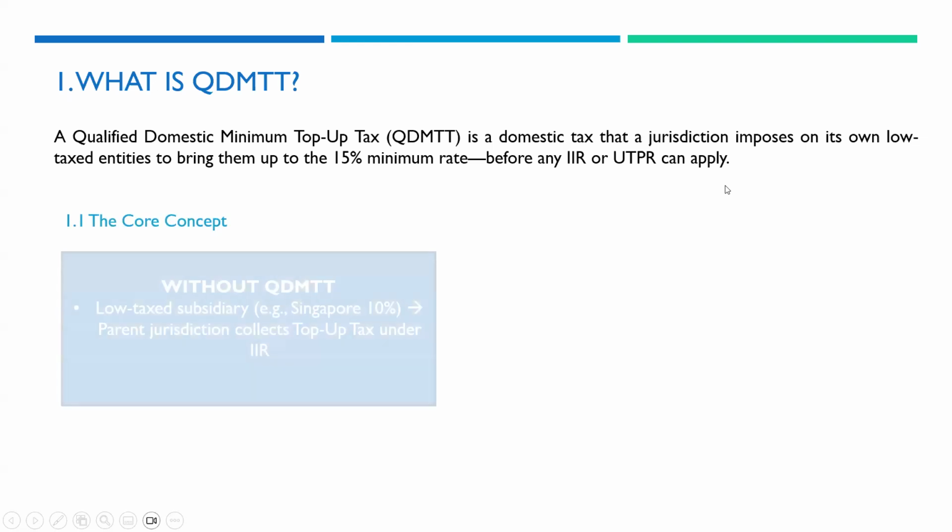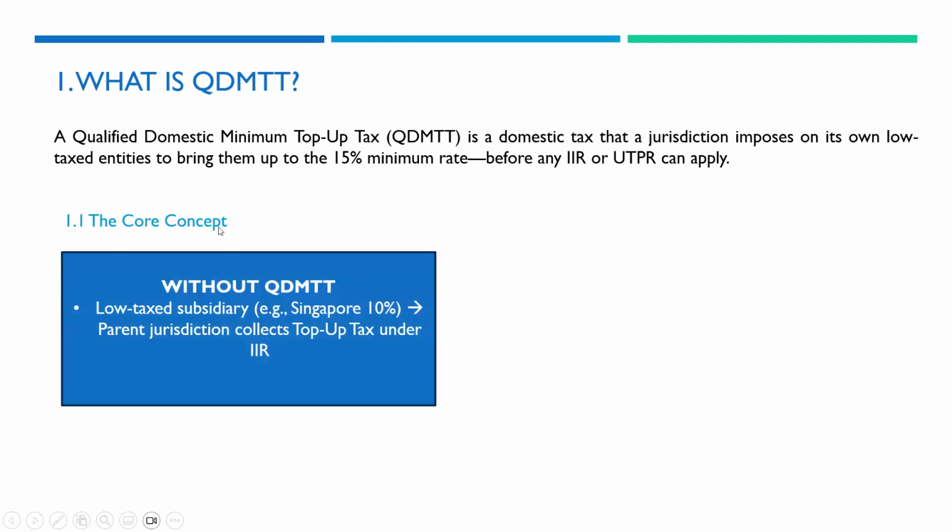Now, what is the core concept? Basically what we discussed now: without a QDMTT, for a low tax subsidiary, let's say in Singapore with a tax rate of 10%, the remaining 5% would be collected by the parent jurisdiction under IIR.